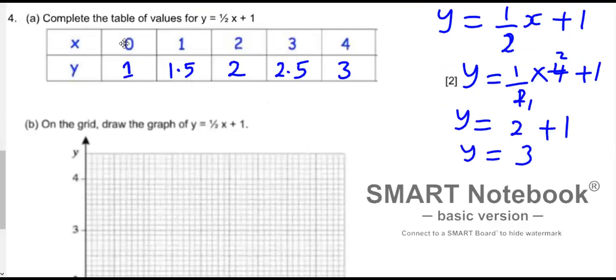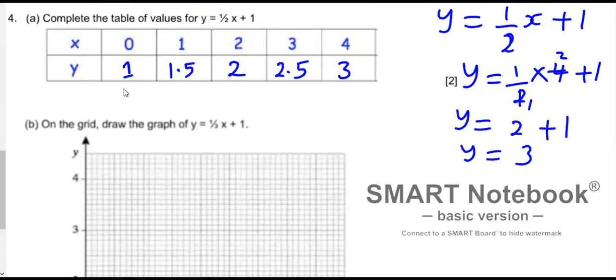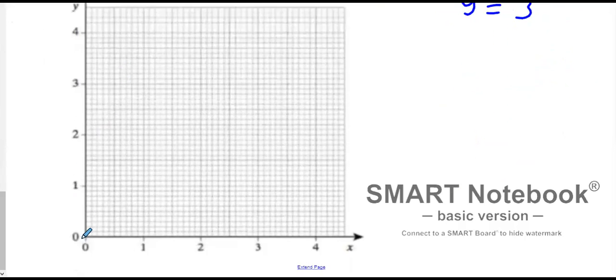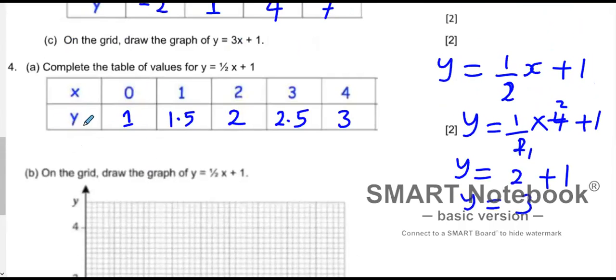So x is 0, y is 1. X is 0 somewhere here, but y is 1. So you put a dot somewhere there.